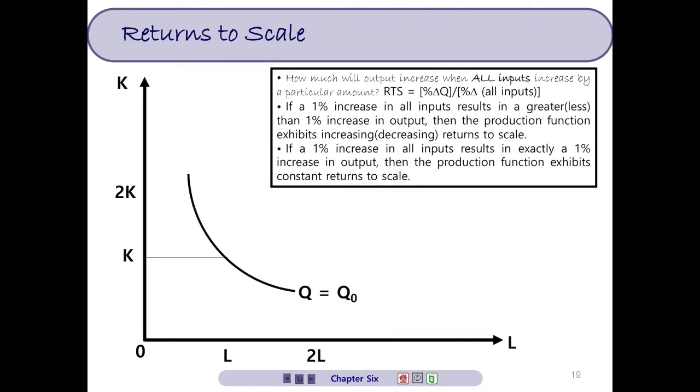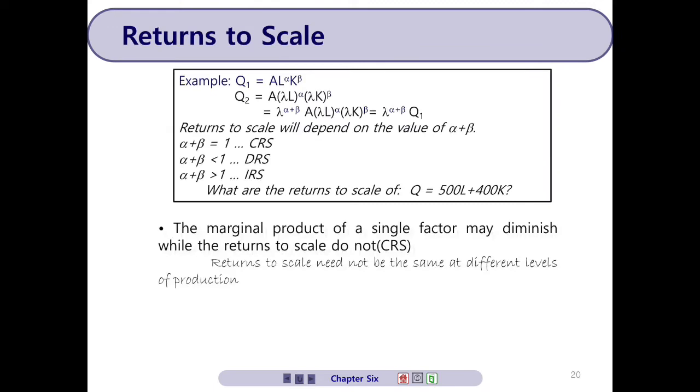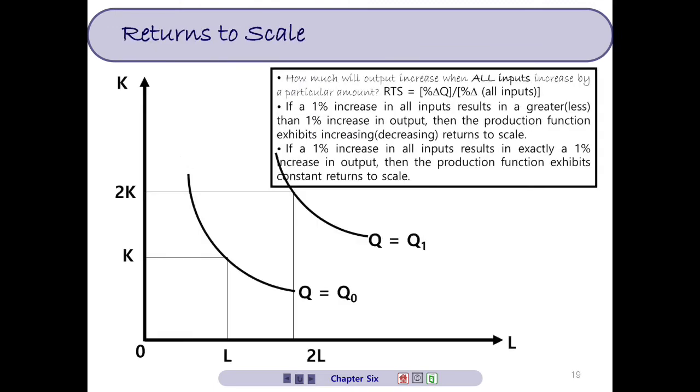Now it's time to talk about returns to scale. What is this one? We take the acronym RTS, returns to scale. The formula for this one is the percentage change in output quantity relative to the percentage change in all inputs.